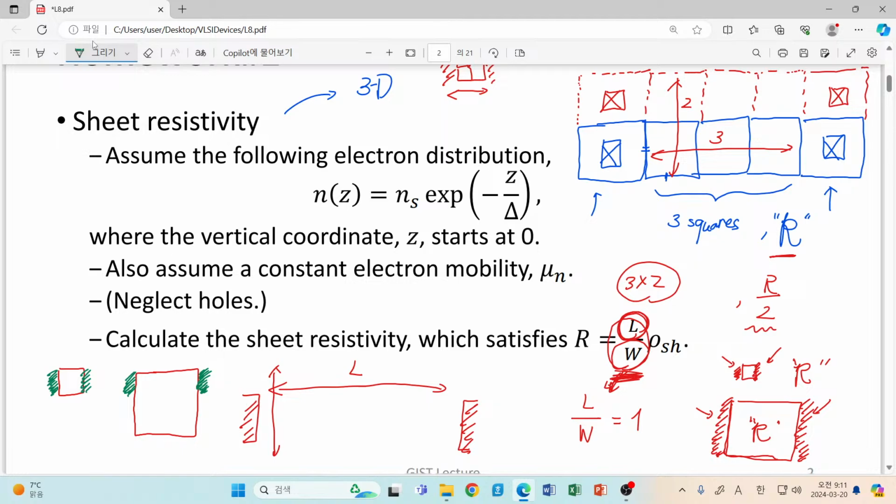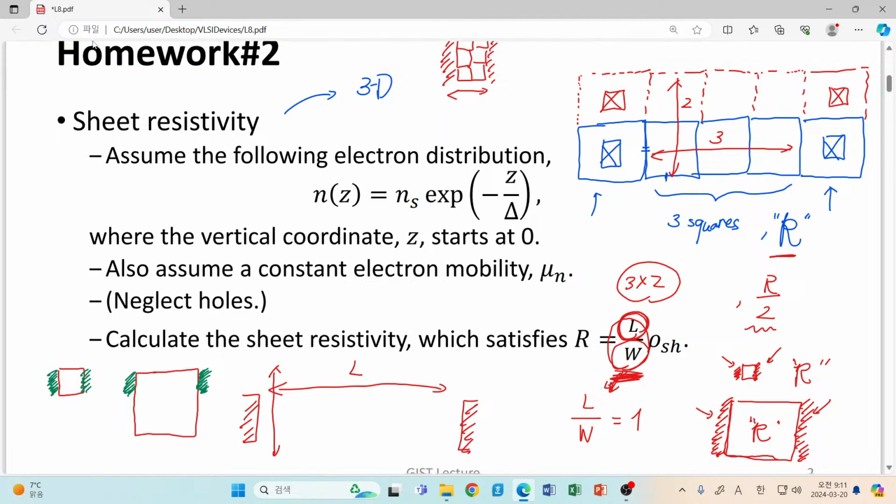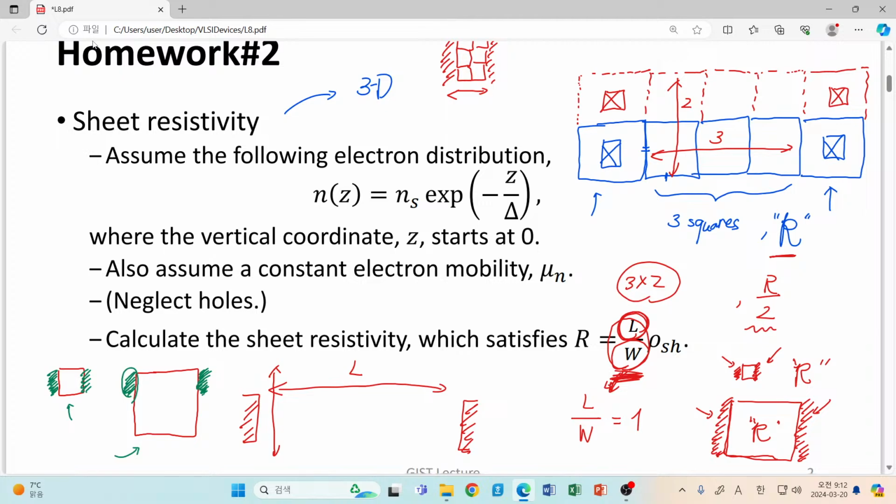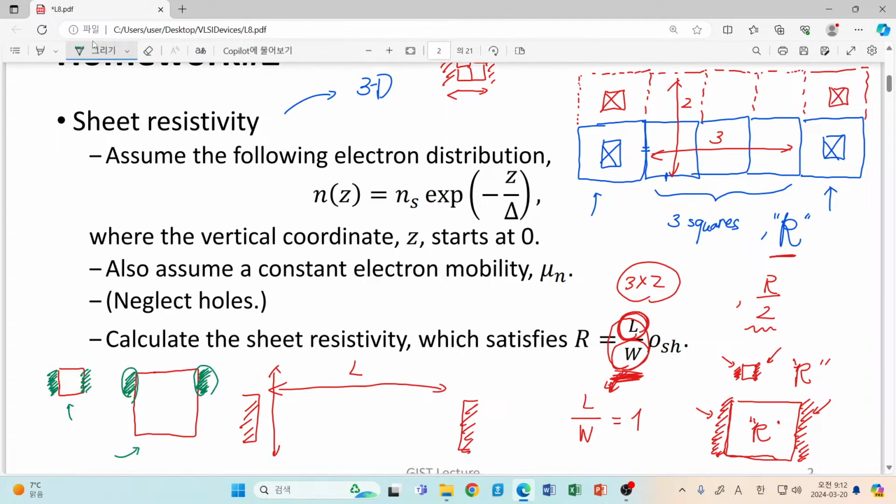Now let's consider this case. In this case, it is certain that the resistance seen by this system would be much higher than the resistance seen by this small system, because when you have a small amount of contact here, although you have a square, what is the actual active region of your doped semiconductor?